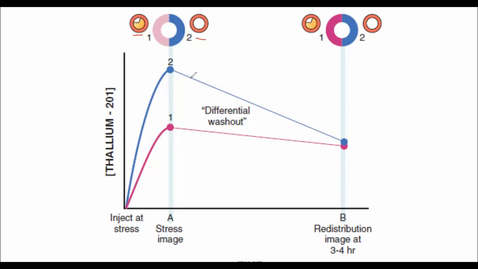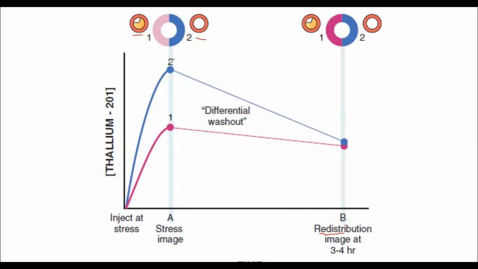once the isotope has entered inside the myocardial cells, from the normal cells it is going to come out earlier, at a quicker rate. It is absorbed initially and then it starts coming out of the cells back into the bloodstream. This is called redistribution. Once it enters, it comes out back. But from the diseased myocardium, it enters, but comes out at a slower rate.